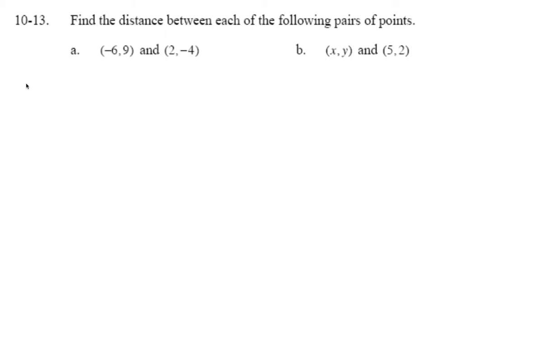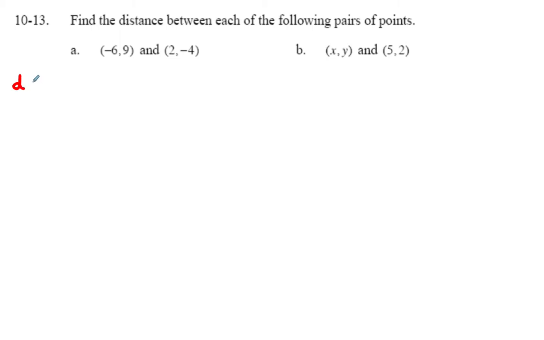In many of the videos in the past, I've shown you how to do this using the distance formula or using the Pythagorean theorem. In this case, I'm going to use only the distance formula because I'm in a time crunch.